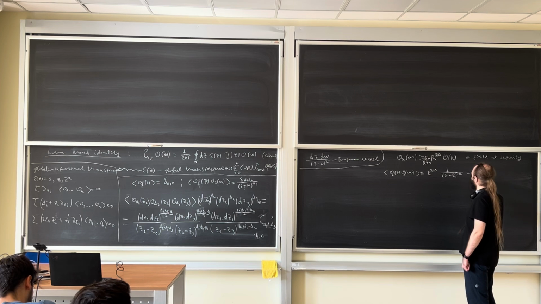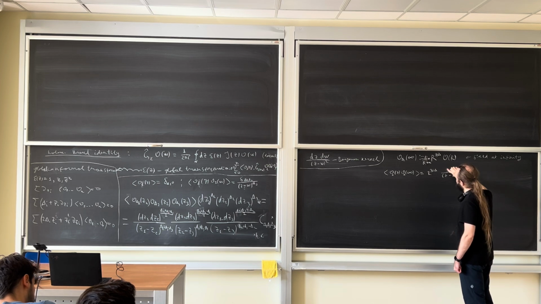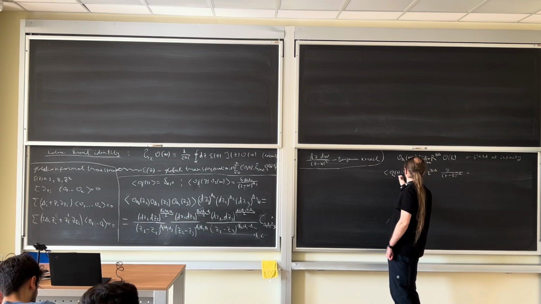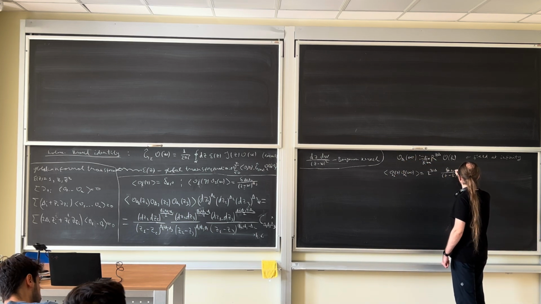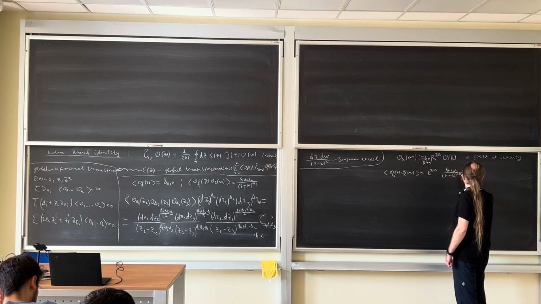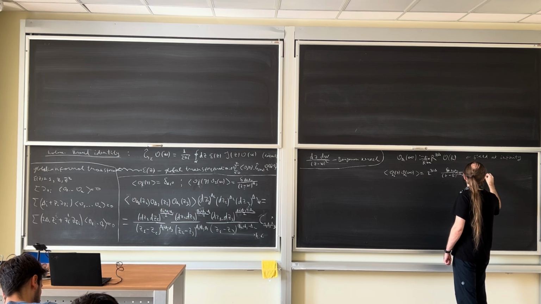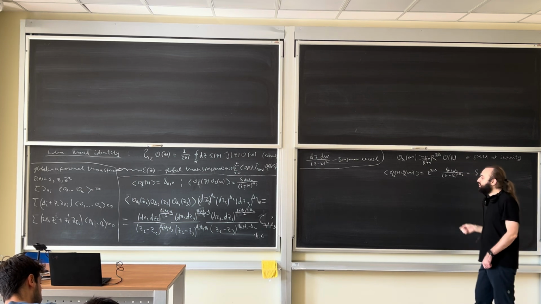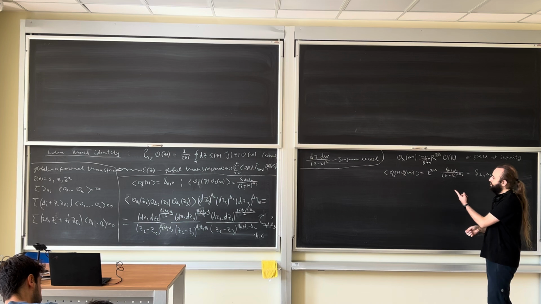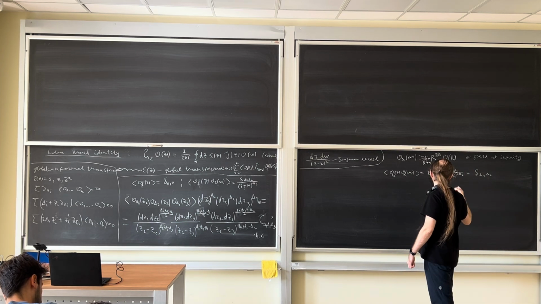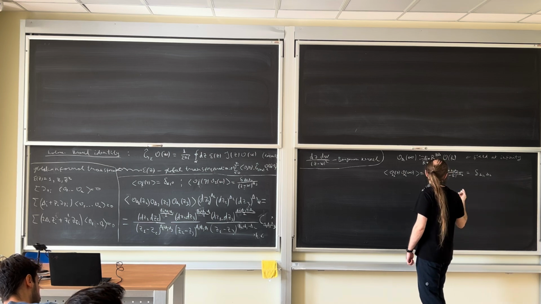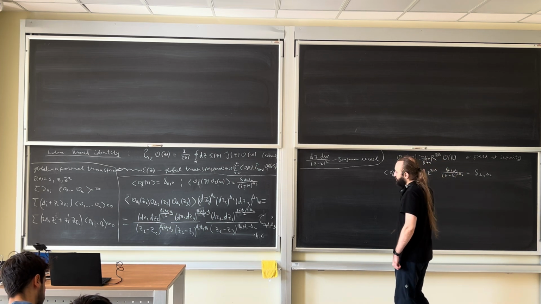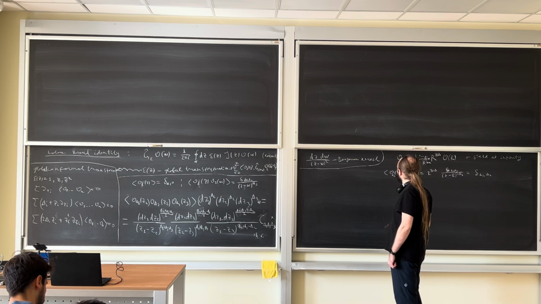So it is delta 1, delta 2, and it does not depend on z, of course, and equals this quadratic form on the space of fields.